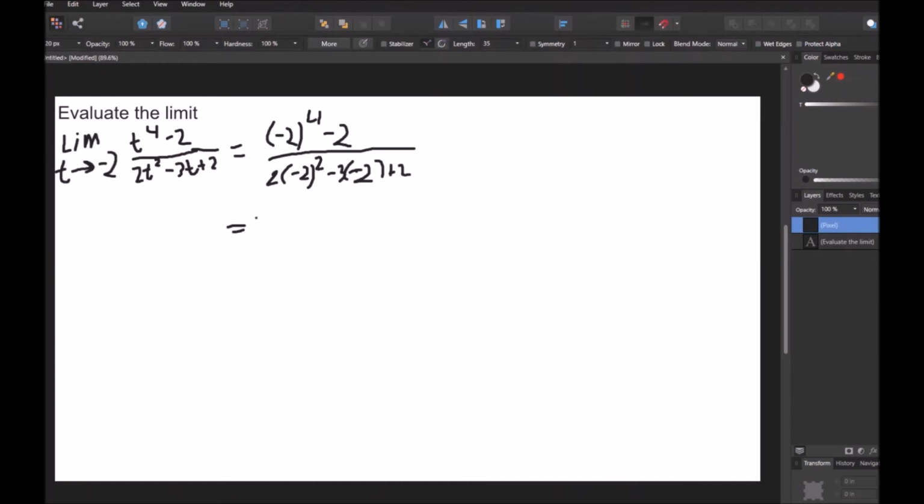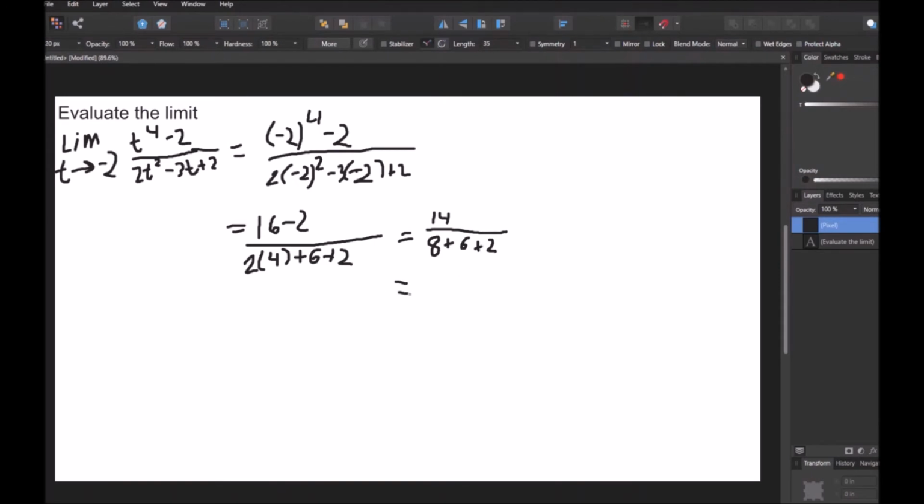Negative 2 to the fourth is positive 16, so that's 16 minus 2 over negative 2 squared is going to be 4, so we have 2 times 4, and then negative 3 times negative 2 is positive 6, so that's going to be plus 6 and then plus 2. 16 minus 2 is 14, 2 times 4 is 8, so we have 14 over 8 plus 6 plus 2.